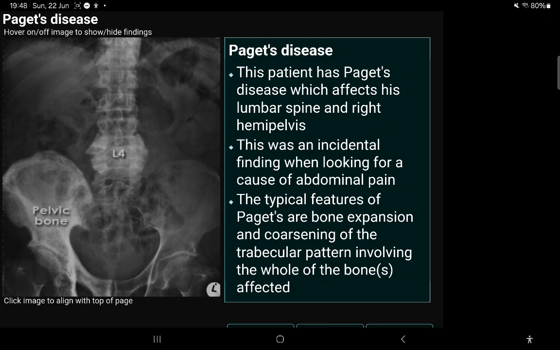Again, this was an incidental finding when looking for a cause of abdominal pain. The typical features of Paget are bone expansion and coarsening of the trabecular pattern involving the whole of the bones affected. This is Paget disease.